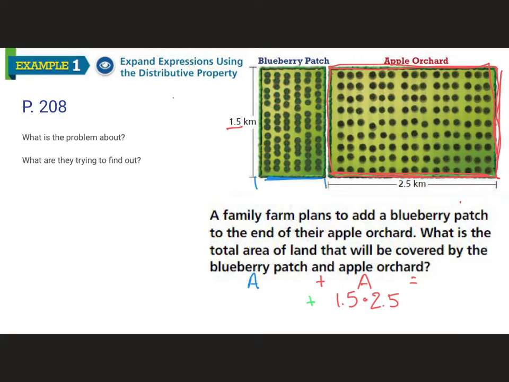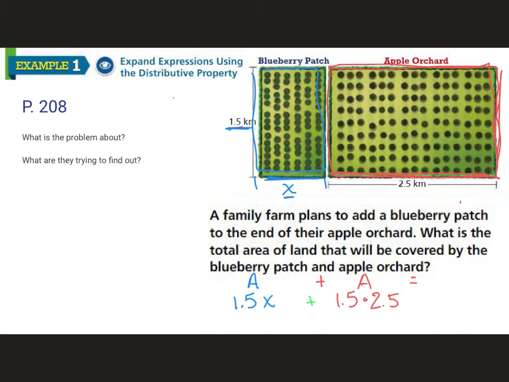Whatever it is, it's a number. To find the area of this rectangle, I'm going to multiply this side here, 1.5, times the other dimension, which is x.